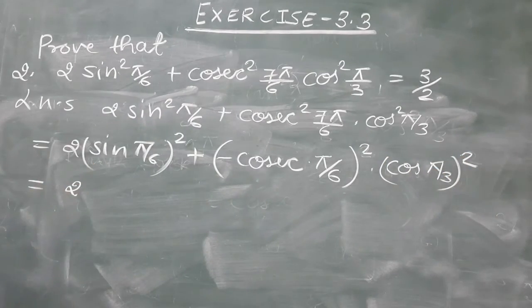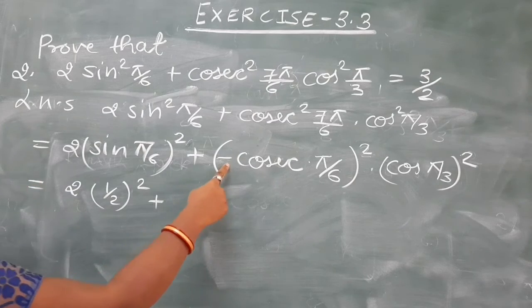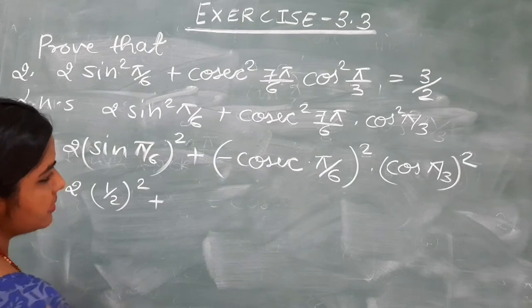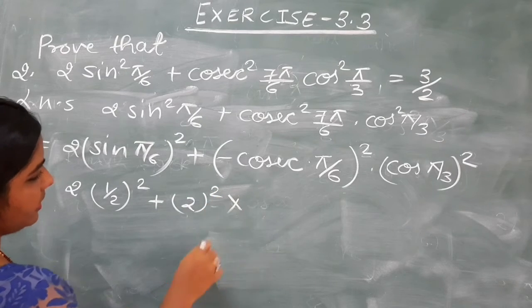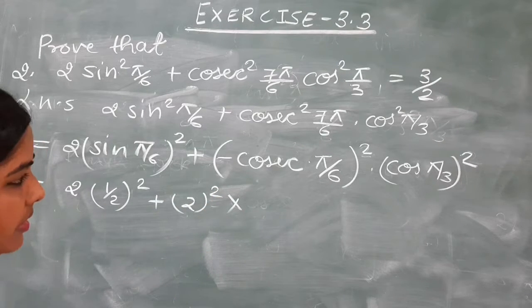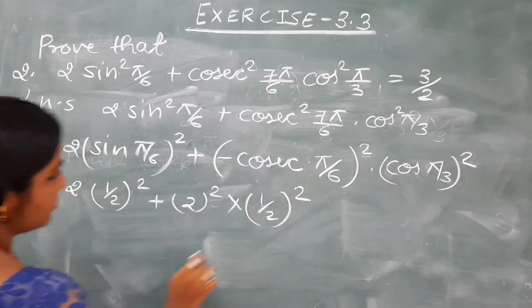So sin pi by 6, that is 1 by 2. Now square is there, so minus will be plus, then cosec pi by 6. Cosec pi by 6 is 2. And then cos pi by 3. Cos pi by 3 is 1 by 2 square.